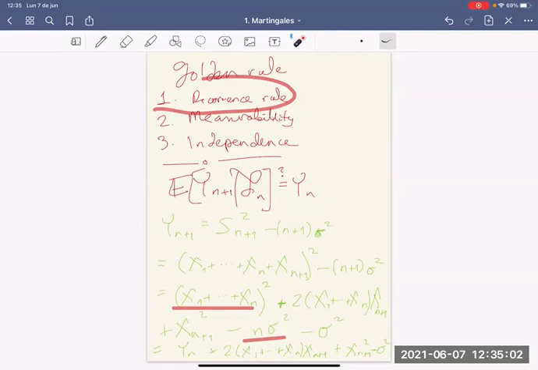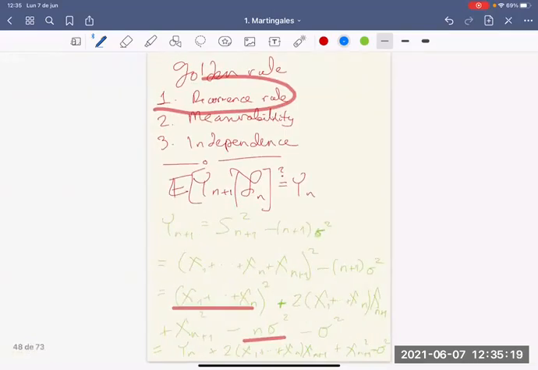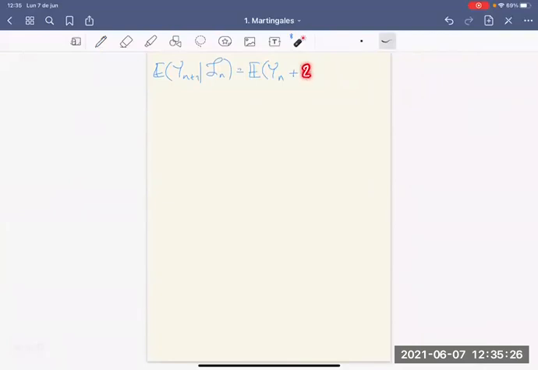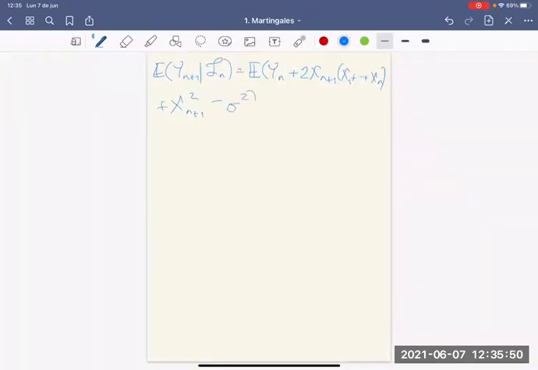So let's do it. I'm going to write the expectation of Y_{n+1} given the story up to time n as the expectation of Y_n plus all this: 2 times X_{n+1} times (X1 plus X2 plus X3 up to this) plus X_{n+1} squared, minus sigma squared, and that's it.